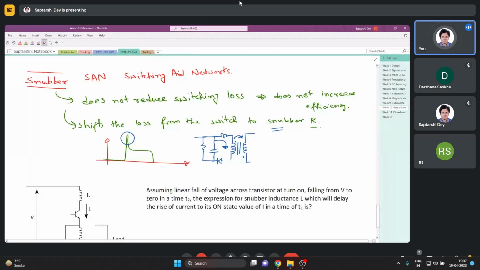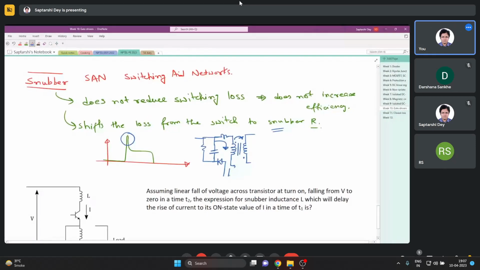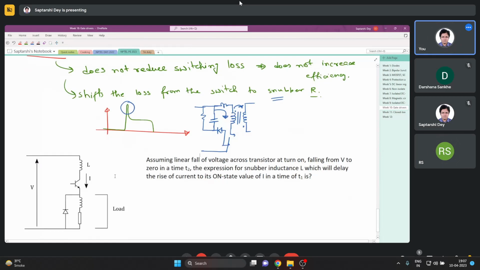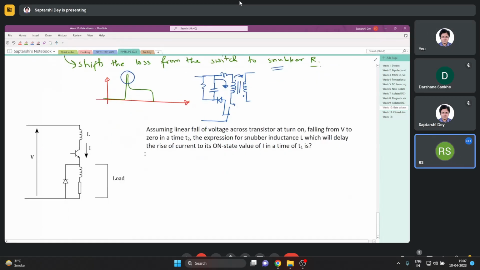It will come across the switch. Sir, in our forward converter for flux reset, we are not including this leakage inductance.